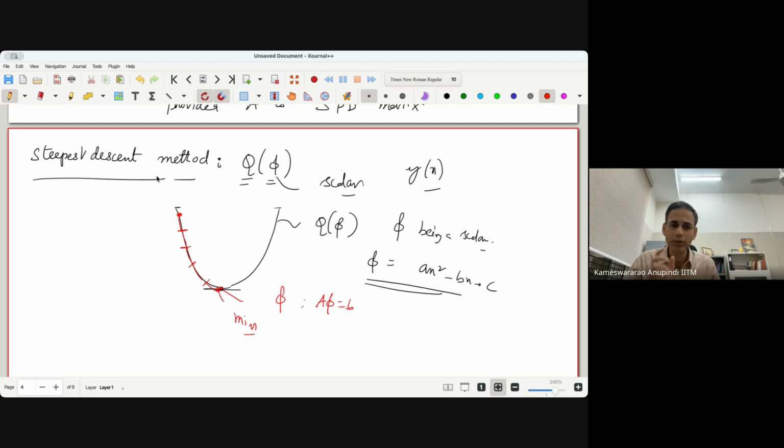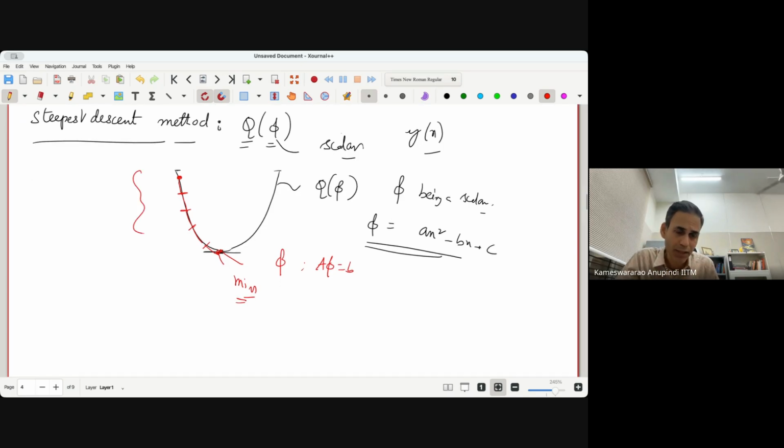We take steps in the steepest possible directions, descend along this curve and reach the minimum point. Once we reach the minimum point, that phi is the solution for A phi equal to b. So far so good.